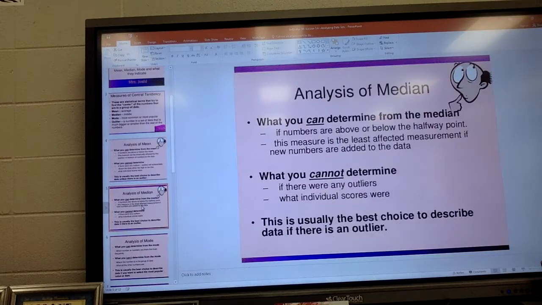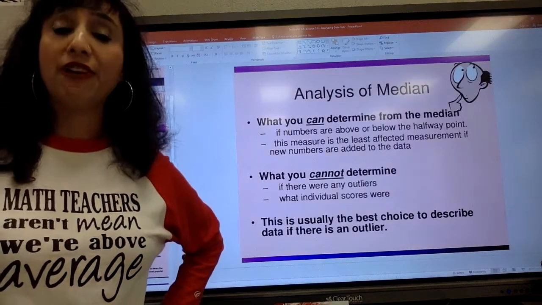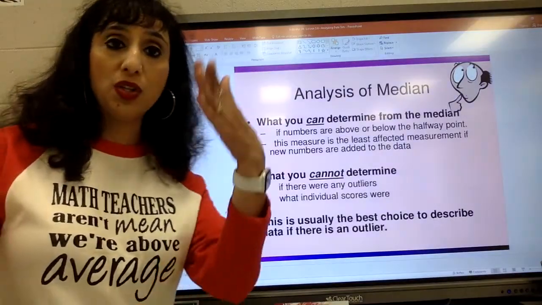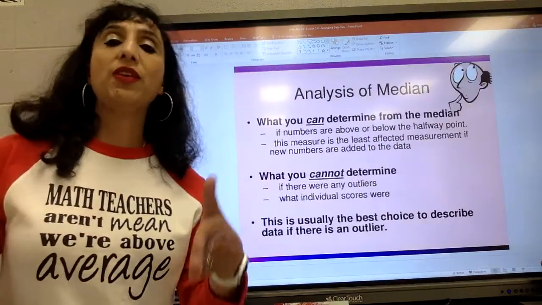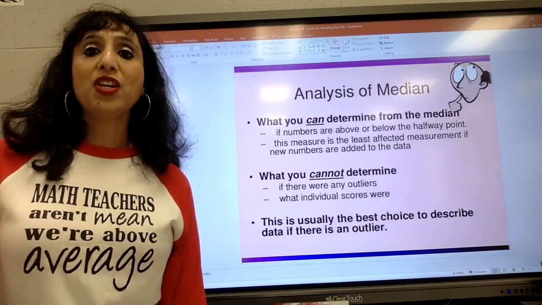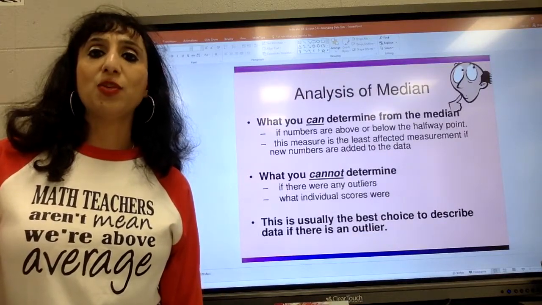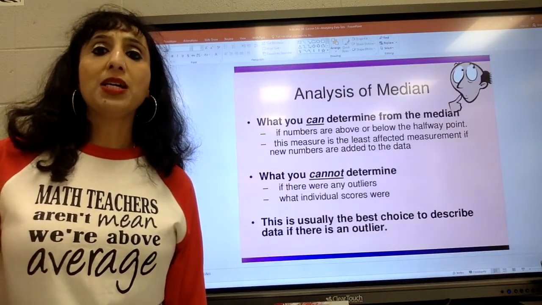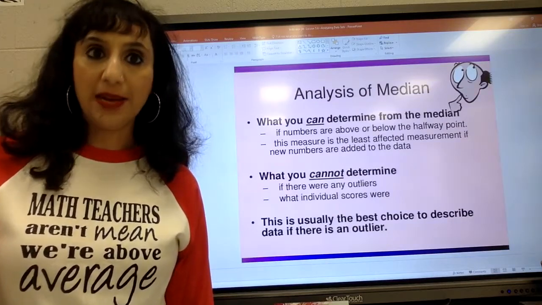Okay, analysis of median. What you can determine from the median is if numbers are above or below the halfway point, because you have a middle point. This measure is the least affected if new numbers are added to the data.